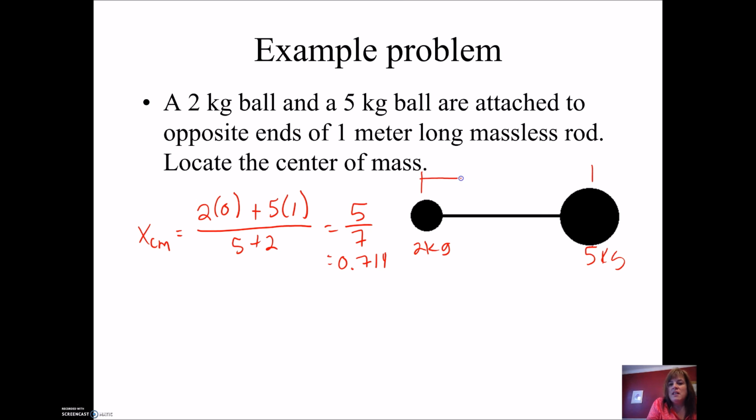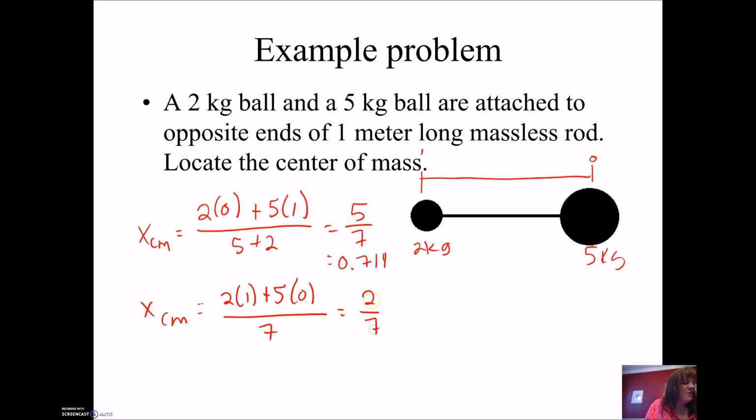Now, we could instead call this 0 and that 1. If we did that, we would have 2 times 1 plus 5 times 0, all over 7. Now we get 2/7. What's 2 divided by 7? That's 0.2857, so about 0.29.